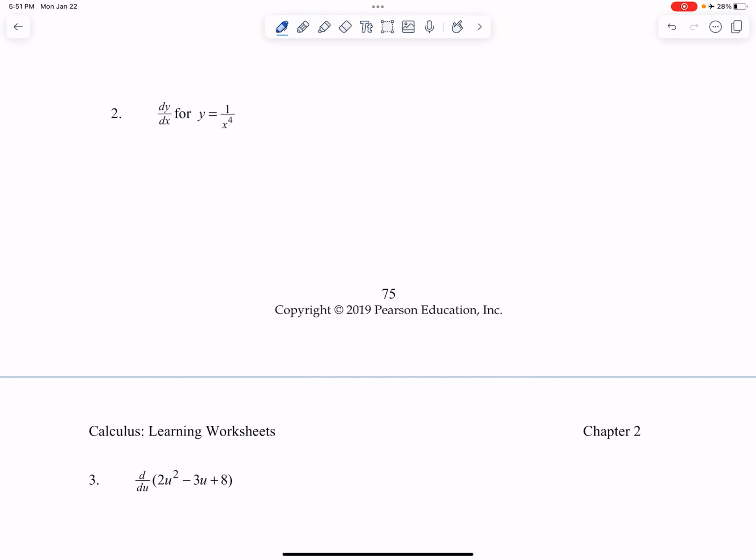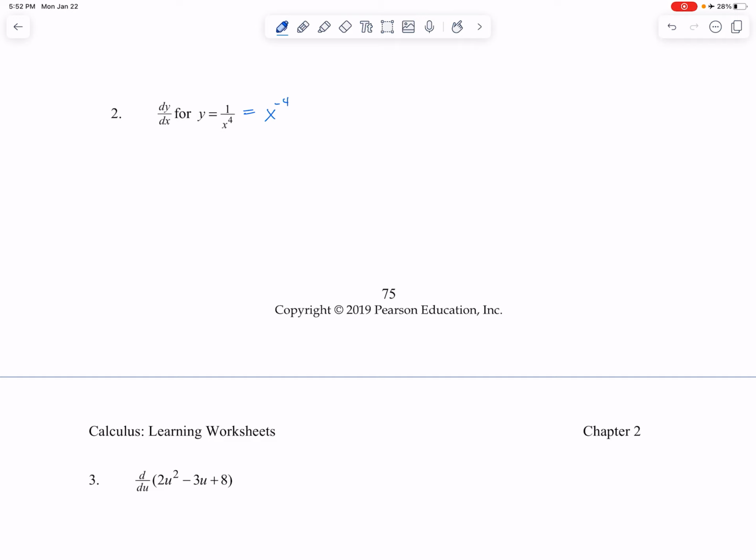Find dy dx for y equals 1 over x to the 4th. We can rewrite this one so that we can use our power rule. I'm going to rewrite this as x to the negative 4th power.